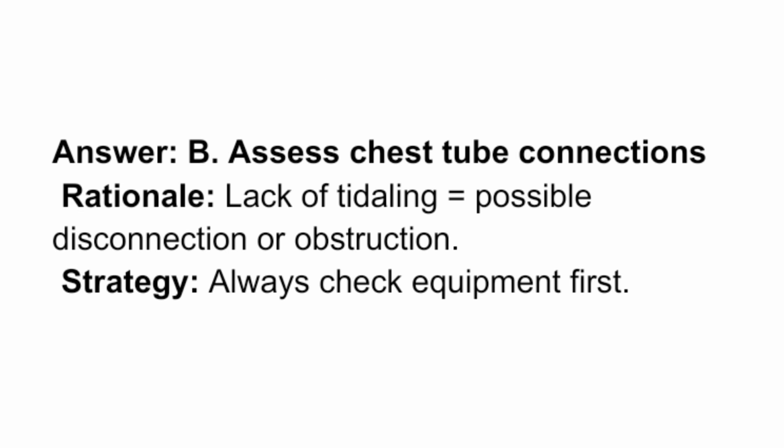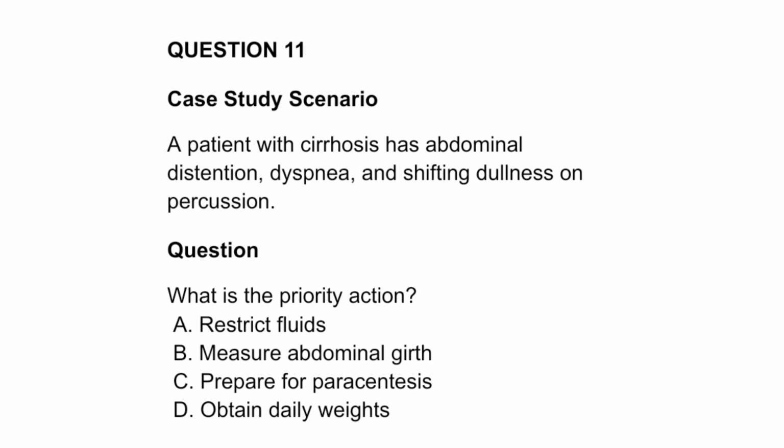Assess chest tube connections. Rationale: lack of tidaling, possible disconnection or obstruction. Strategy: always check equipment first. Question 11. Case study scenario. A patient with cirrhosis has abdominal distension, dyspnea, and shifting dullness on percussion.